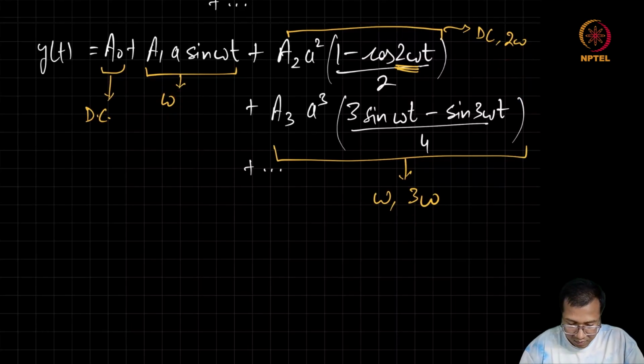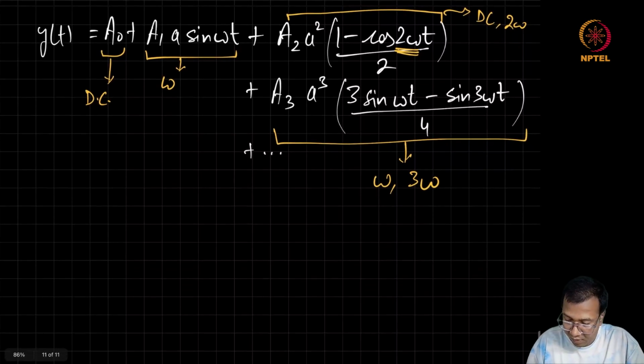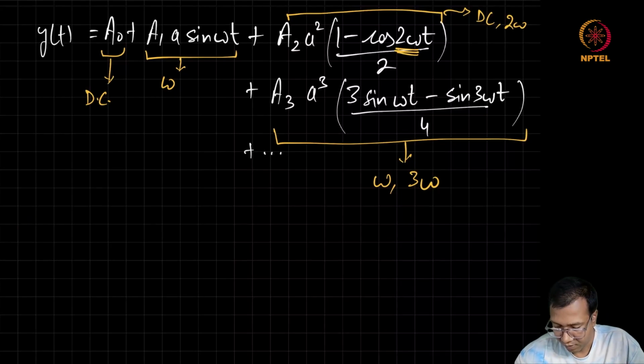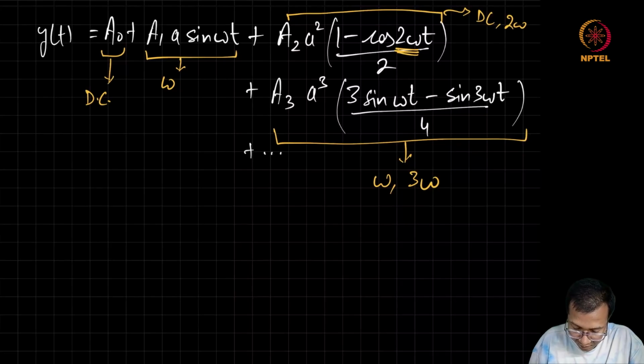So in a way, this does the frequency translation which we wanted. But the issue is, it is generating a lot of nonlinear terms. And if we really want to change the frequency by a large amount, this may not be a practical solution.